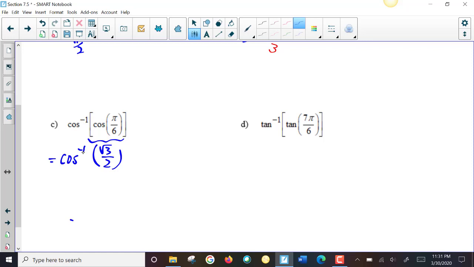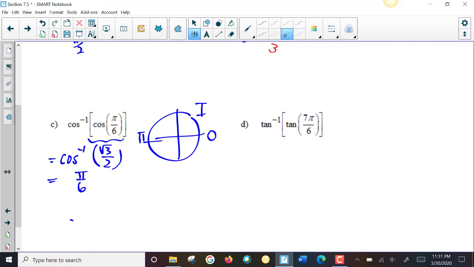So give me an angle between 0 and pi, whose cosine is square root of 3 over 2. Well, cosine is positive in quadrant 1, and that would be pi over 6.